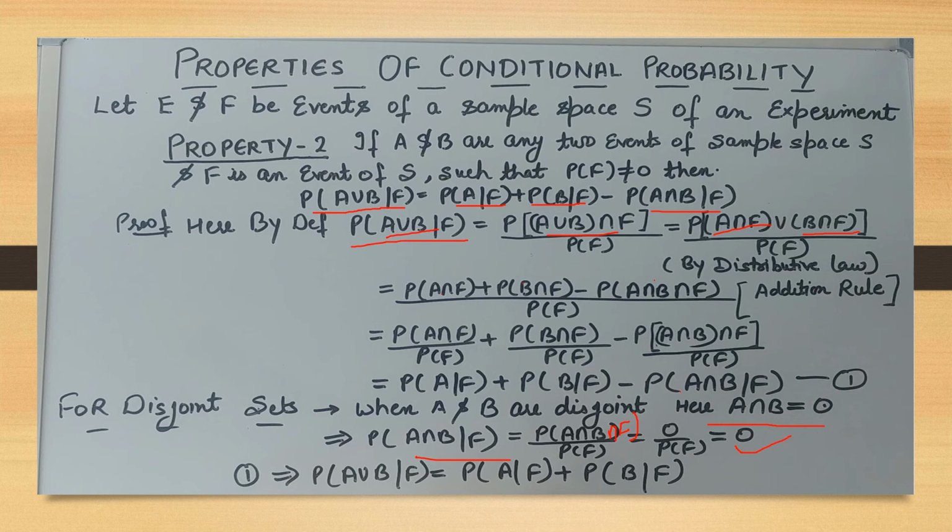So this changes to 0, and the formula for probability of A union B under F reduces to just two terms: probability of A under F plus probability of B under F, in case the sets are disjoint.